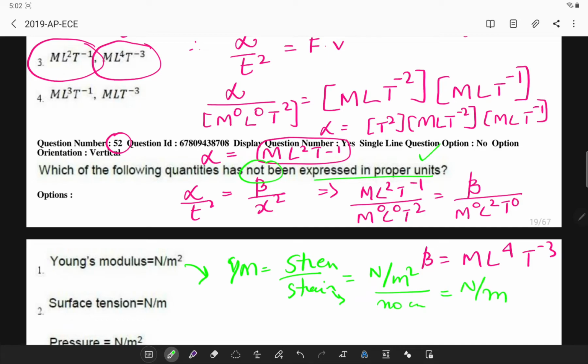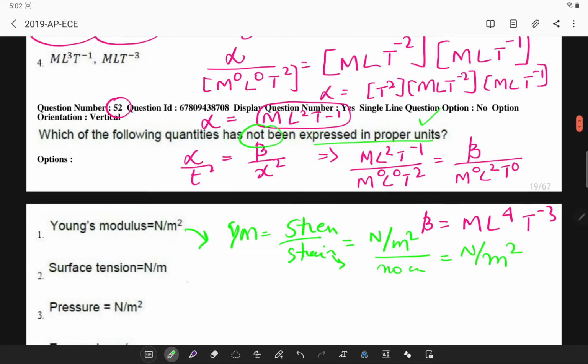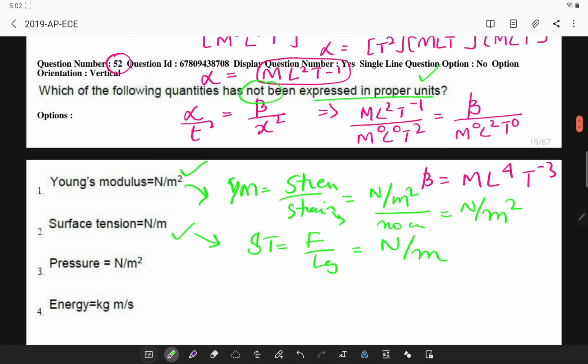Therefore, it is Newton per meter square. Now, surface tension has the formula force by length, which is Newton per meter. This is also correct. Next, pressure is simply force by area, which is Newton per meter square.